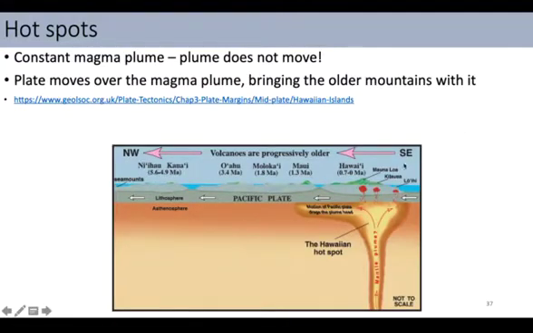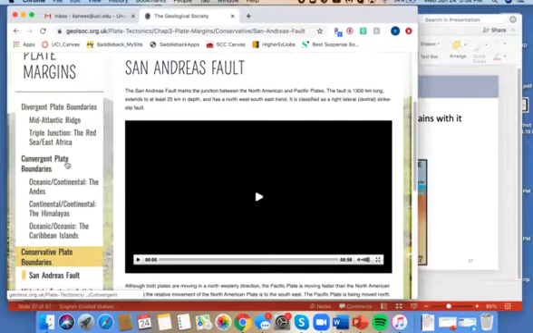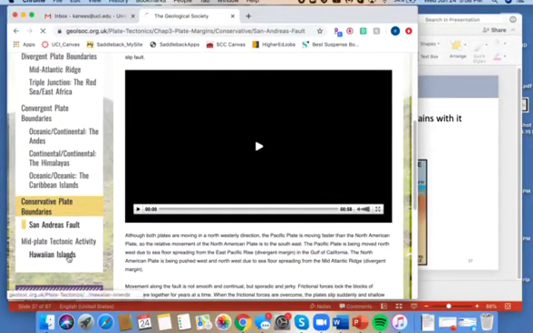So here's another example. You'll see that this Pacific Plate is moving away from the hotspot. The hotspot, the mantle plume, is always there. So as this plate moves away, it's carrying the older islands away. So I have a video of this one too that I want to show. Here we go.